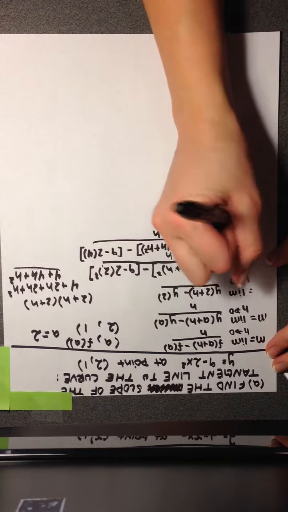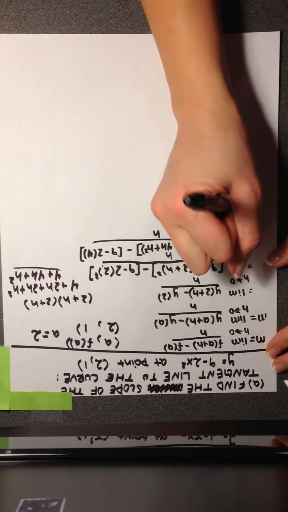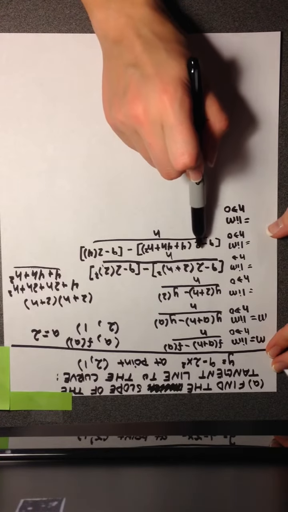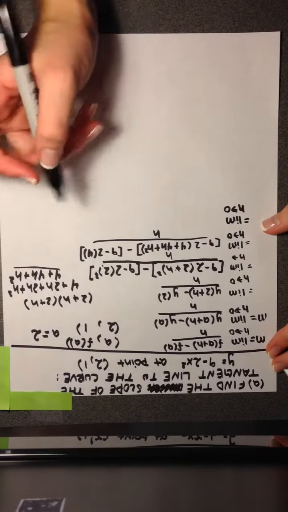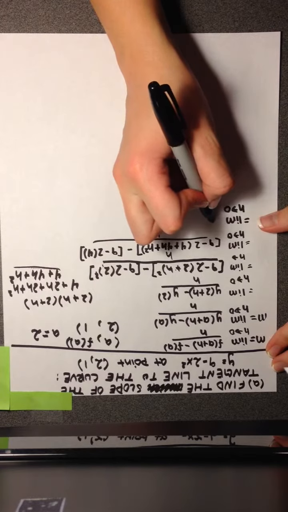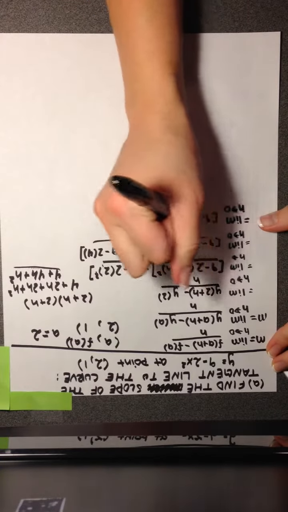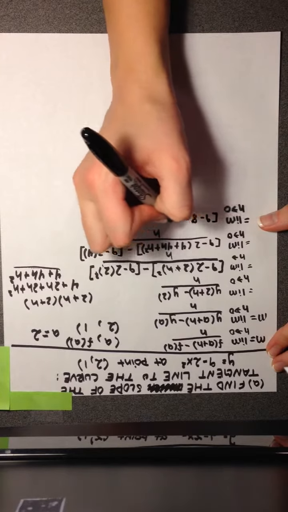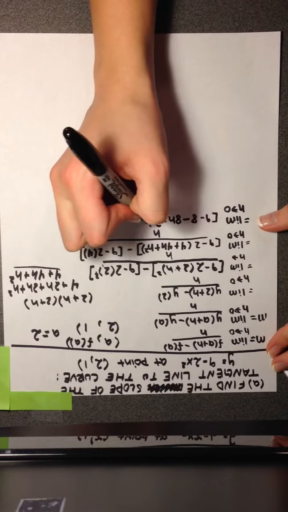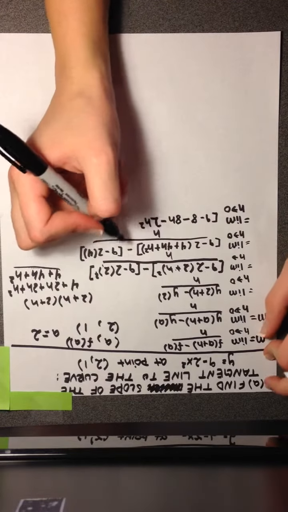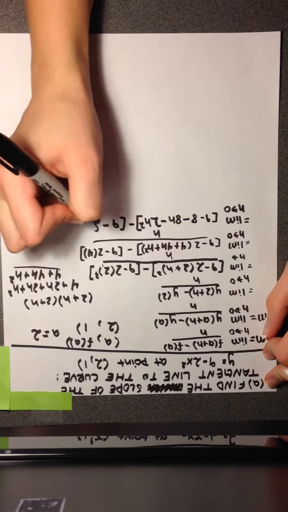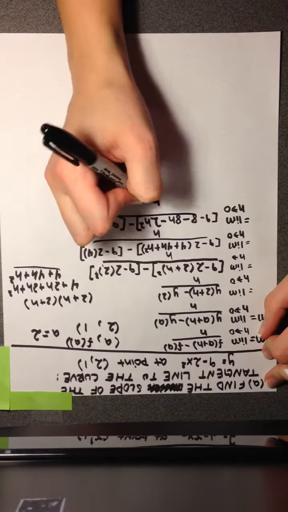Next, we distribute this 2 into here, and we also distribute this 2 into there. That gives us 9 minus 8 minus 8h minus 2h squared, minus 9 minus 8, over h.